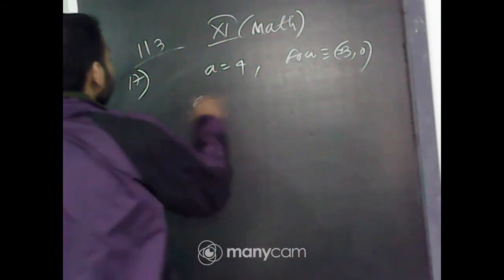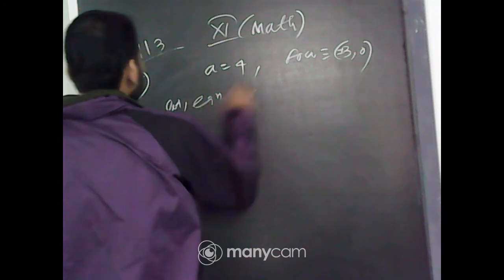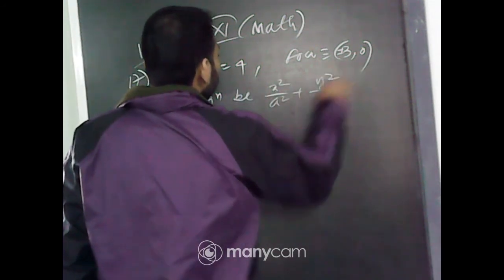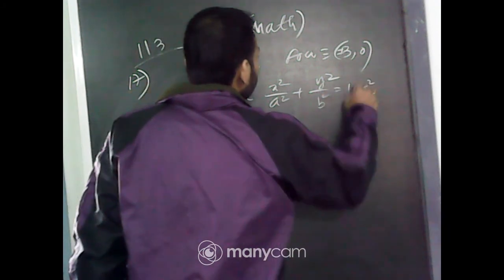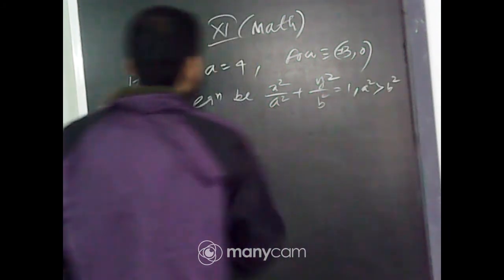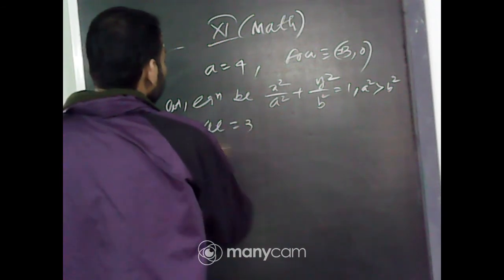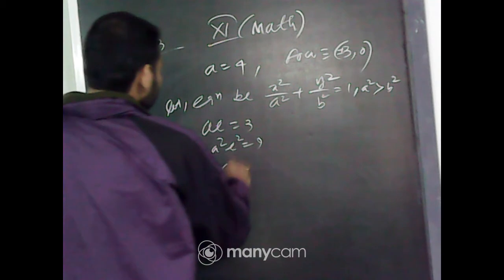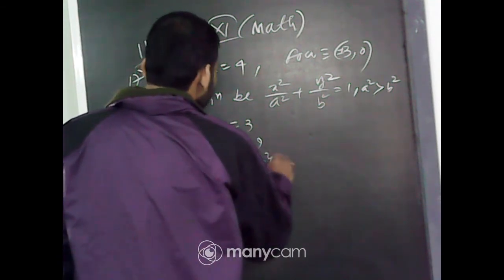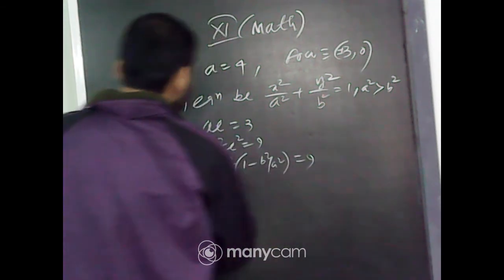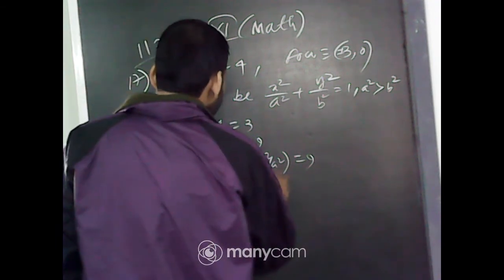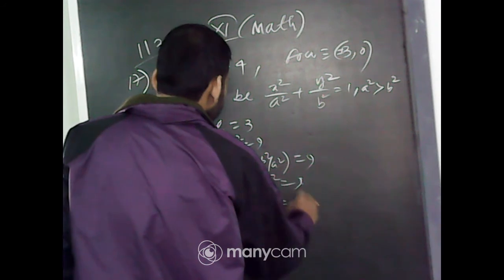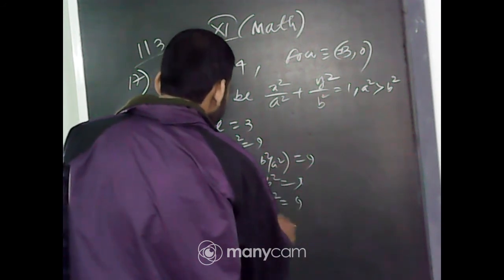So let the equation be x square by a square plus y square by b square equals 1 with a square greater than b square. So ae equals 3, a square into 1 minus b square by a square equals 9. That means a square minus b square equals 9. That means 16 minus b square equals 9. That means b square equals 7.